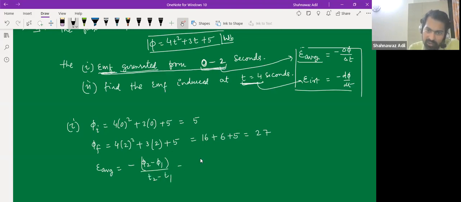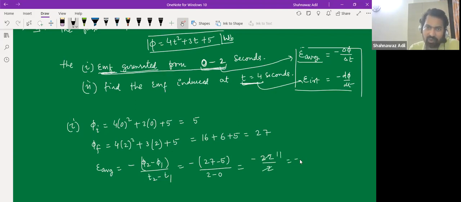This is minus of 27 minus 5, divided by 2 minus 0. This is minus 22 by 2, which is minus 11.